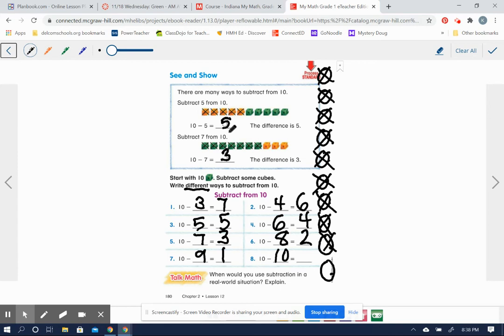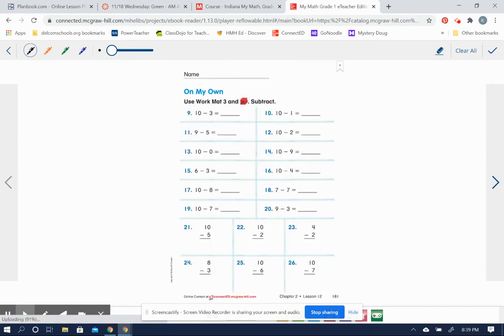I asked earlier, can we subtract 10 from 10? Sure we can. 1, 2, 3, 4, 5, 6, 7, 8, 9, 10. And how many are left? 0. That's right.